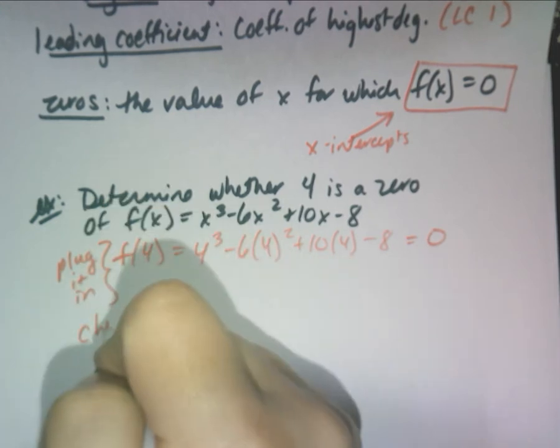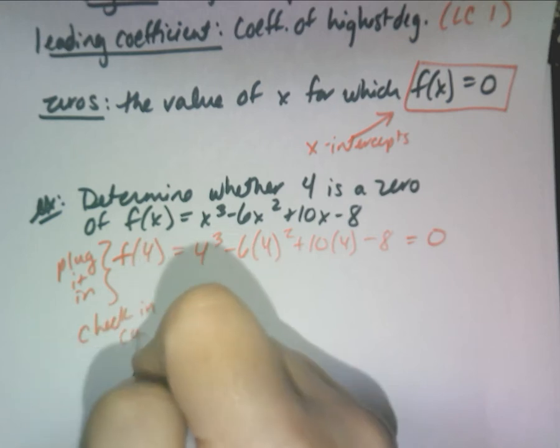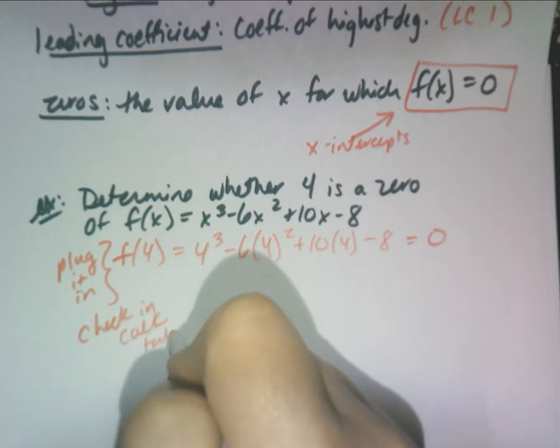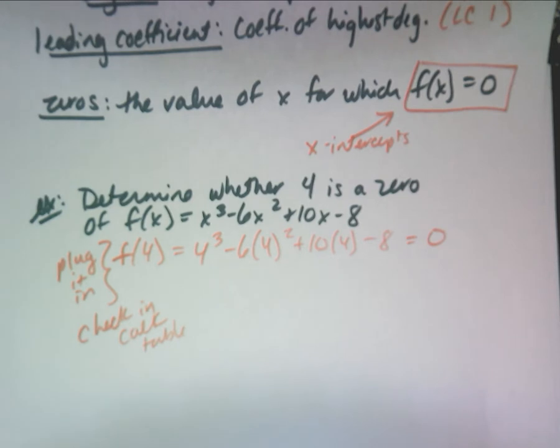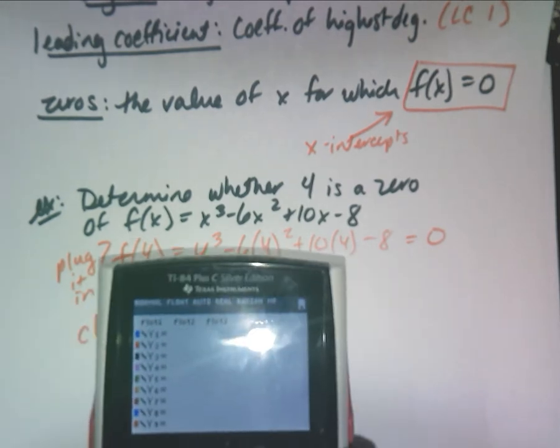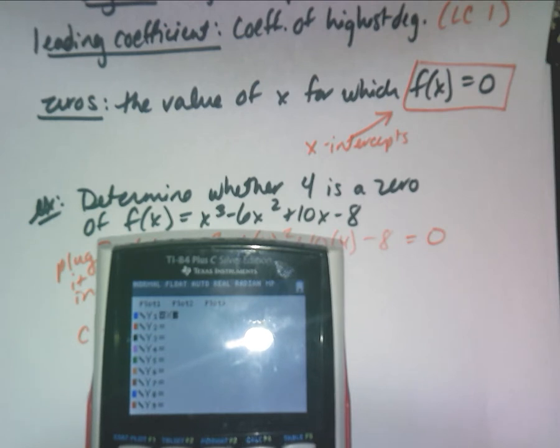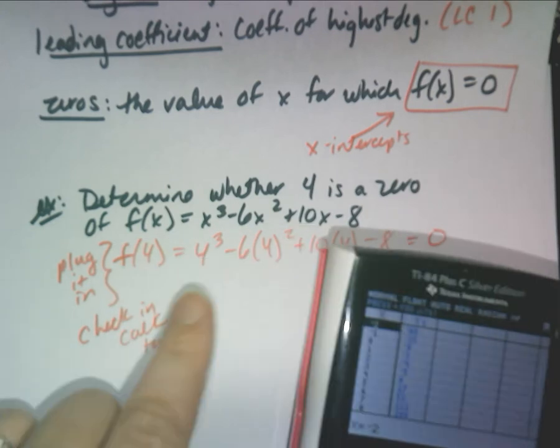You actually check the table in your calculator. So in your calculator, you would type x cubed minus 6x squared plus 10x minus 8. Go to the table and go to 4.